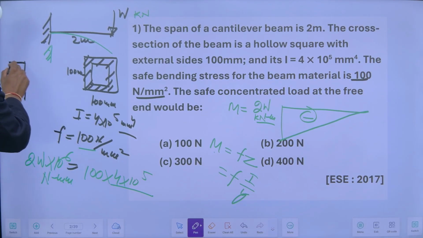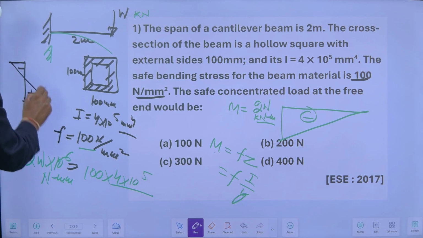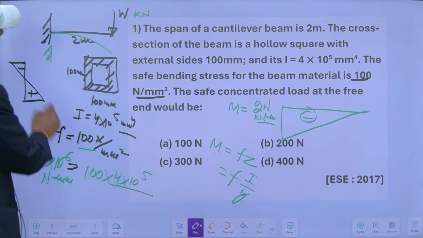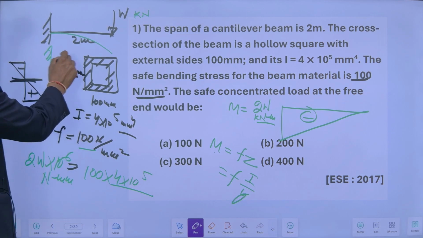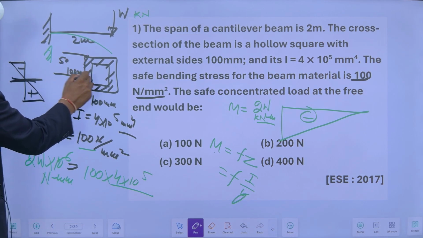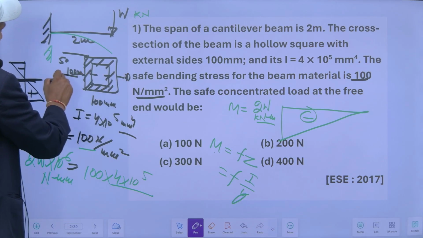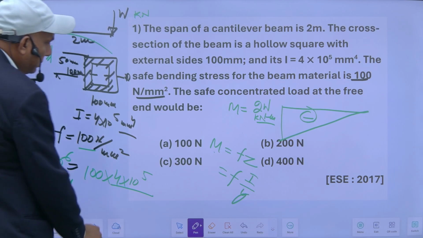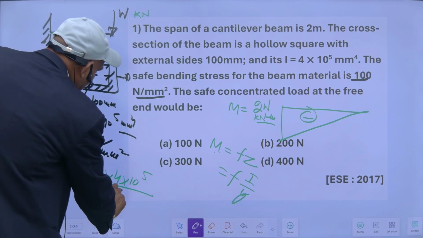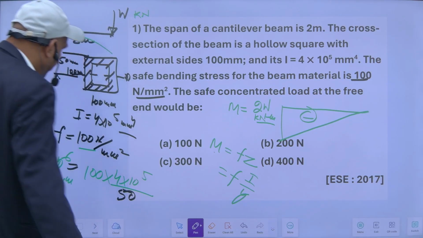It will be tensile stress on the top fiber and compressive on the bottom. From the neutral axis to the top fiber, the distance is 50 mm. This is the neutral axis, and this Y is equal to half of this 100 mm. So it is 50.